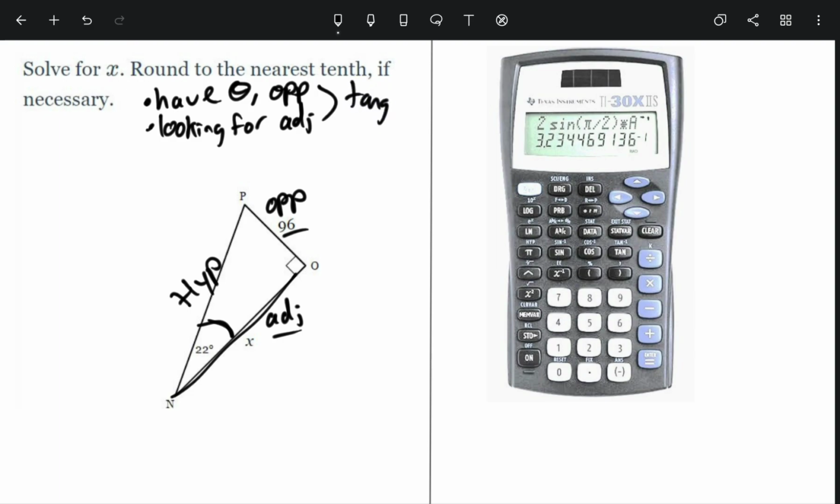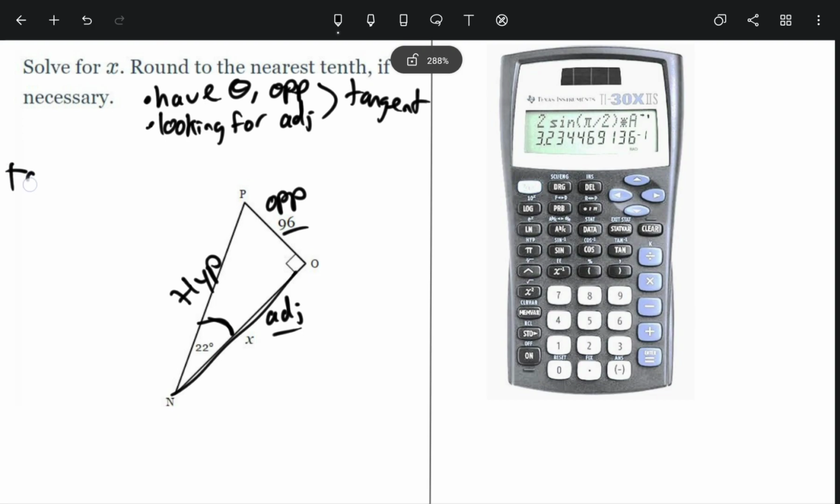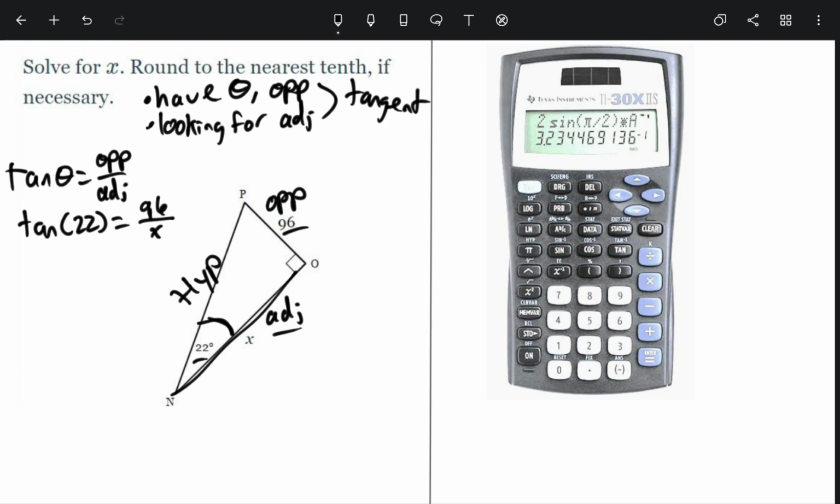Opposite and adjacent means we are using tangent. So tangent of our angle, remember that equals opposite over adjacent. So we get tangent of our angle, which is 22, equals opposite, which is 96, over our adjacent, which is x. Let's put that tangent of 22 over 1 and cross multiply once again.